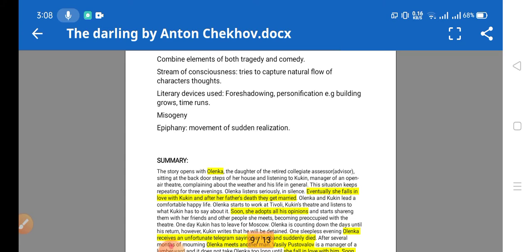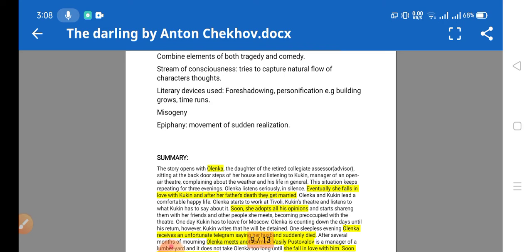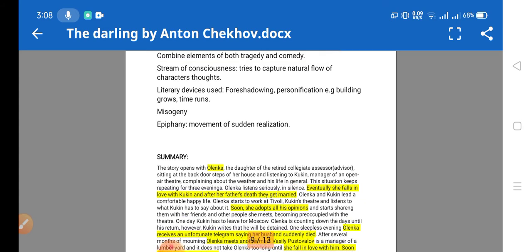In this technique, the writer gives access to the inner thoughts of the character. He tries to capture the natural flow of the character's thoughts, so you feel like you are inside the mind of a character. This technique enables us to do so.